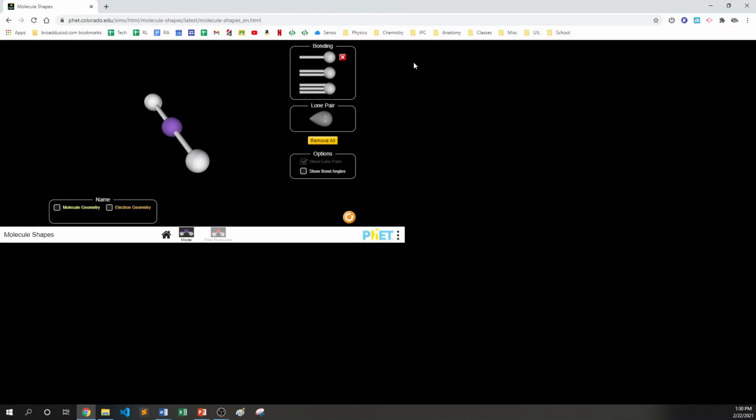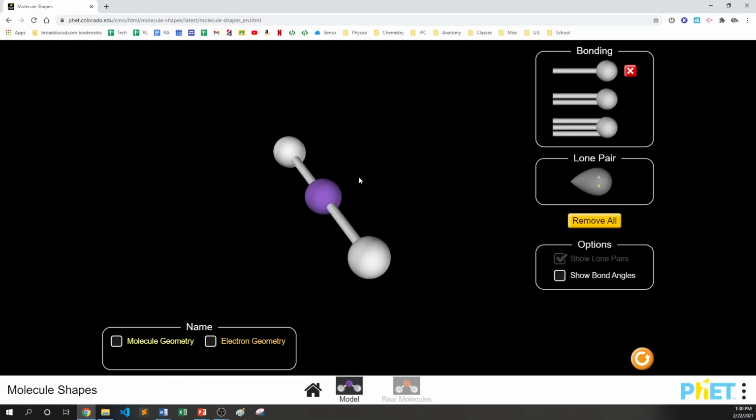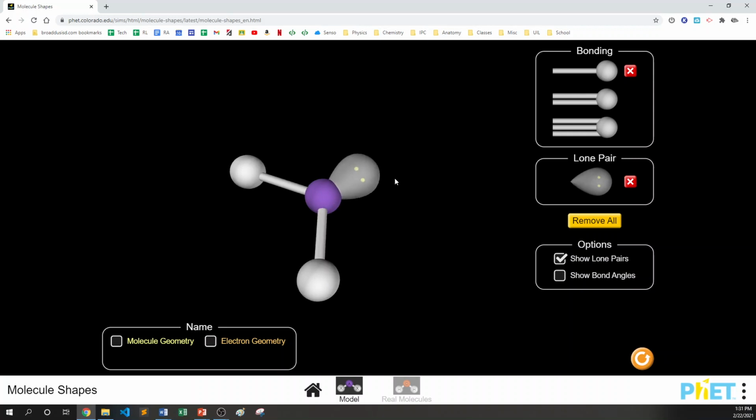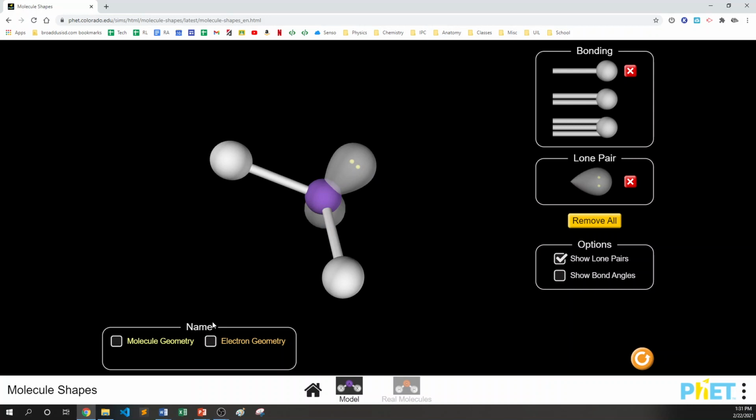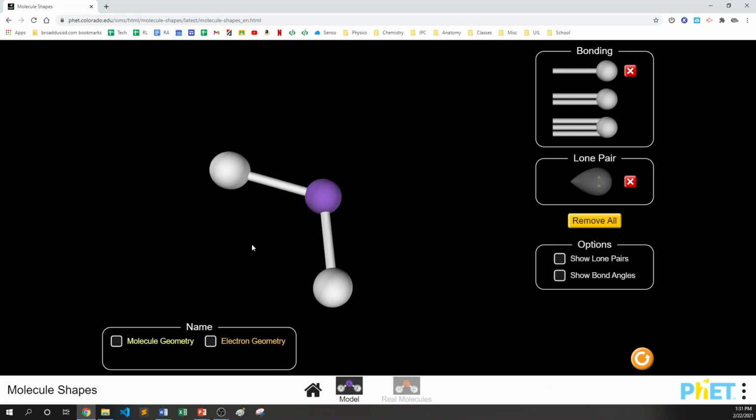Looking at the future, here's what it looks like when we have a central atom with 2 atoms attached to it. If I add 2 electron pairs here, and then let's hide the lone pairs, this is what water will look like.